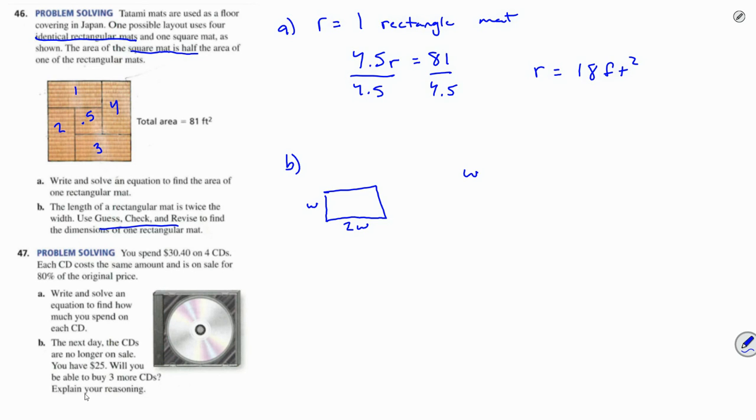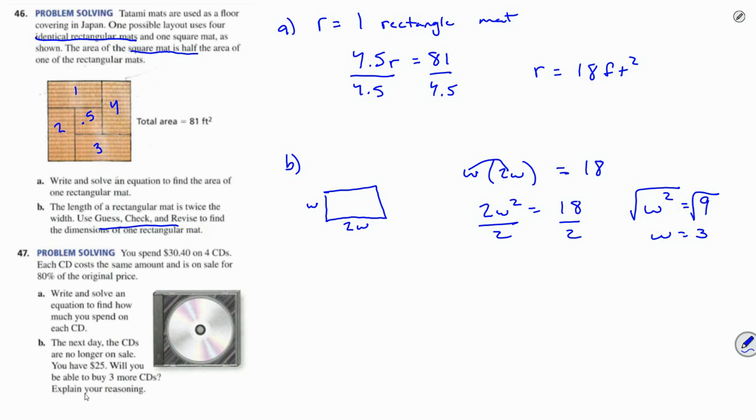So length times width equals our area of 18 that we just solved for. W times 2W. You don't necessarily know this yet, but it would be this. From there, we would divide by 2, and we'd have W squared equals 9. From there, we would square root and get W equals 3. So the dimensions, the width would be 3, the length would be 6 because it's 2 times the width.